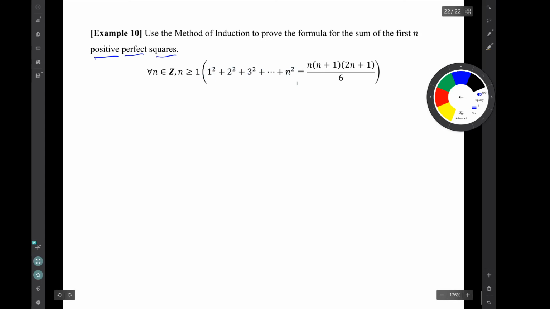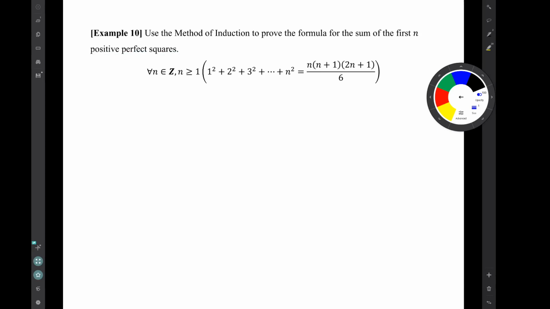So there's a neat formula that says that the sum of those first n positive perfect squares is equal to this messy formula. Well, this is one that looks a lot like the one we did earlier, but this is one that we can't prove using simple arithmetic. So we have to use induction.